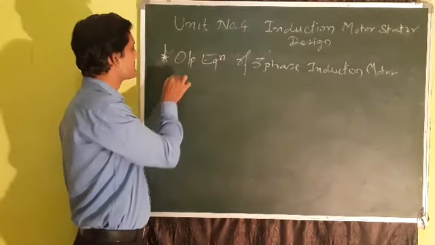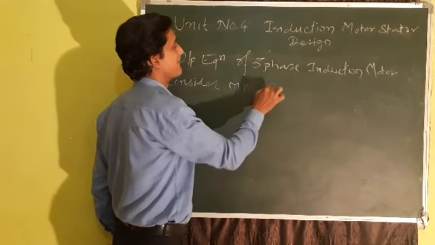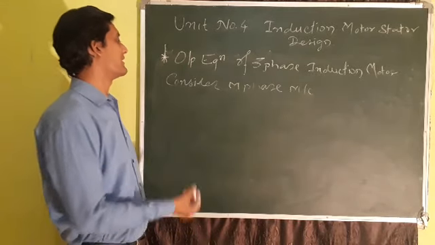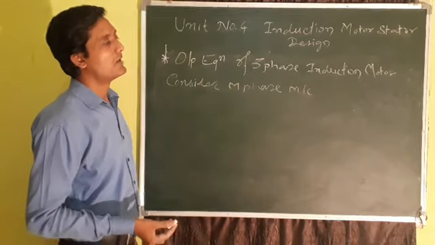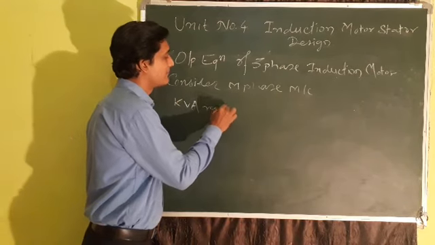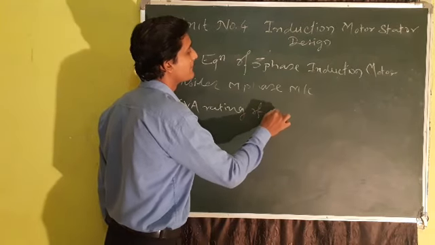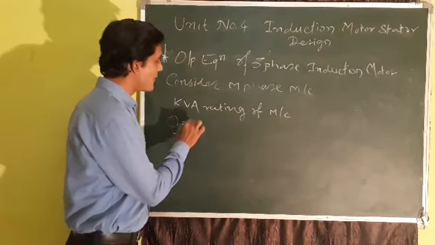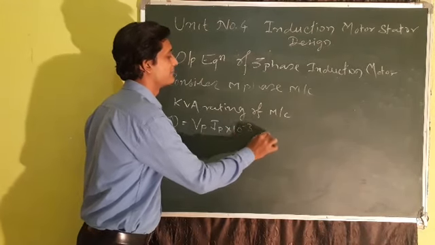Okay, so here consider an M-phase machine with a single parallel path connected per phase. The kVA rating of the machine is Q, and we know that Q is equal to Vp into Ip into 10 raised to power minus 3 kVA.